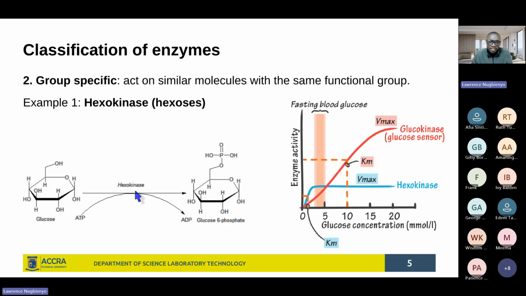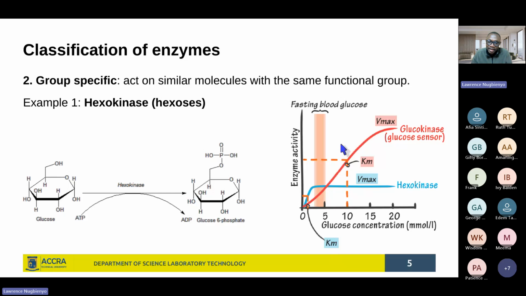Hexokinase is present in all tissues, in all cells, but you find glucokinase more in the liver and in the pancreatic cells. So glucokinase helps much more in the regulation of glucose concentration in the blood.